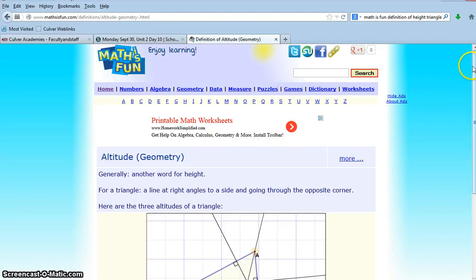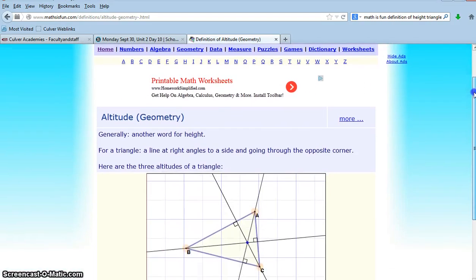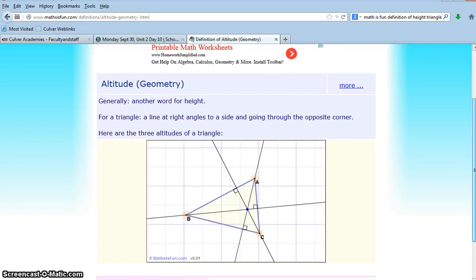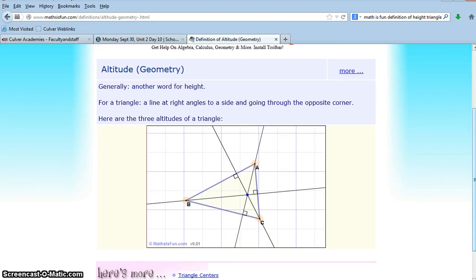Altitude is simply another word for height, so we can use the term altitude or height. For a triangle, it is a line at right angles to a side and going through the opposite corner. So that's vertex to side, where the right angle is where it hits the side.